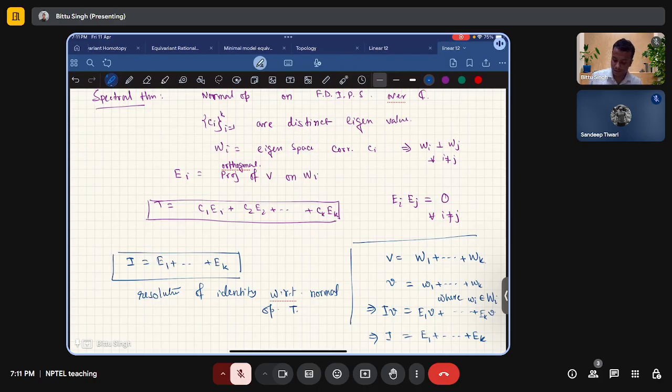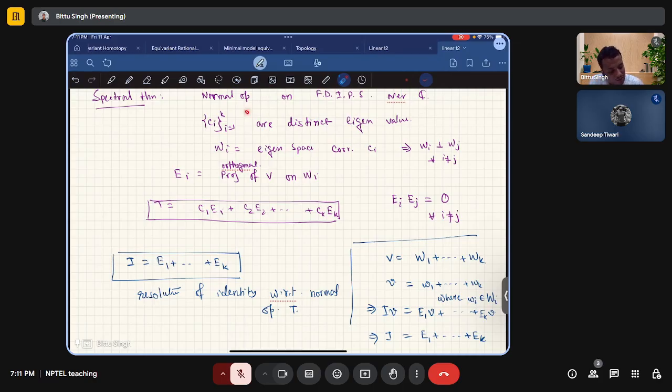Another interesting thing is that you may ask how to find E1 up to Ek, because that is not straightforward.